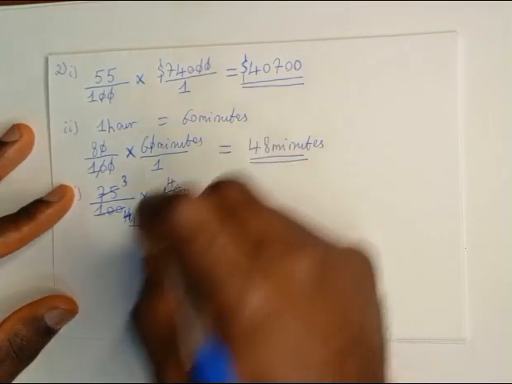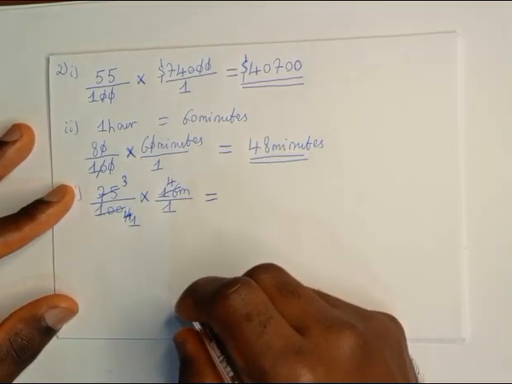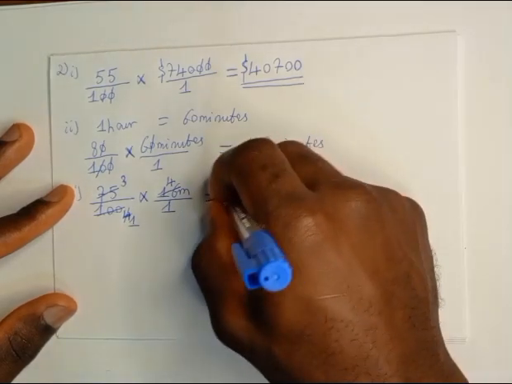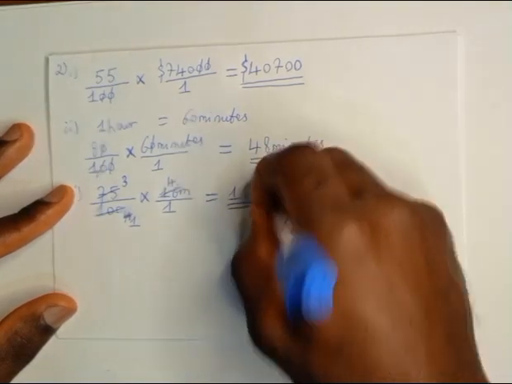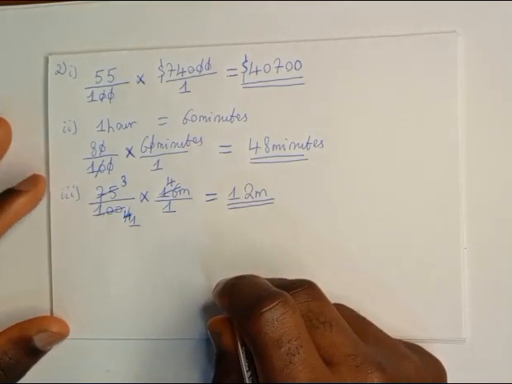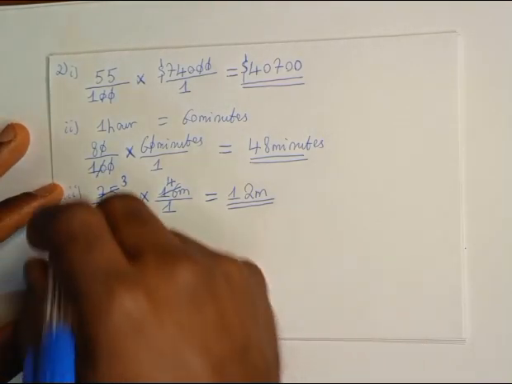This will simply be equal to 3 times 4, which is 12. Then we attach meters. Therefore, 75% of 16 meters is equal to 12 meters.